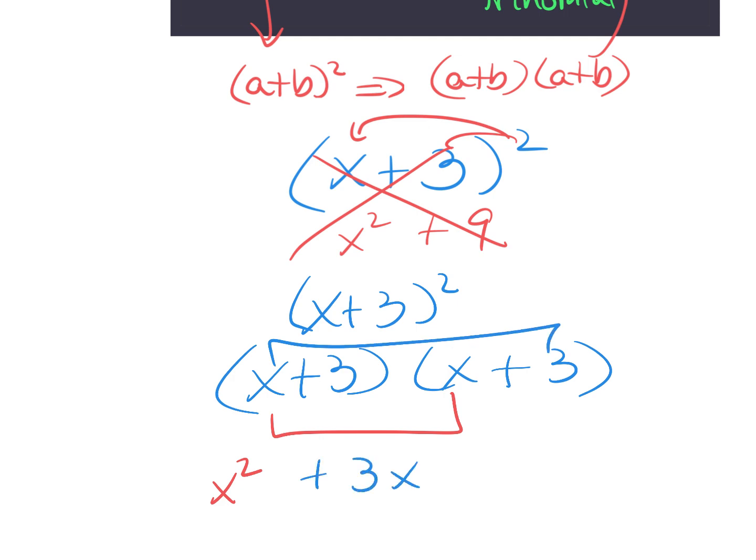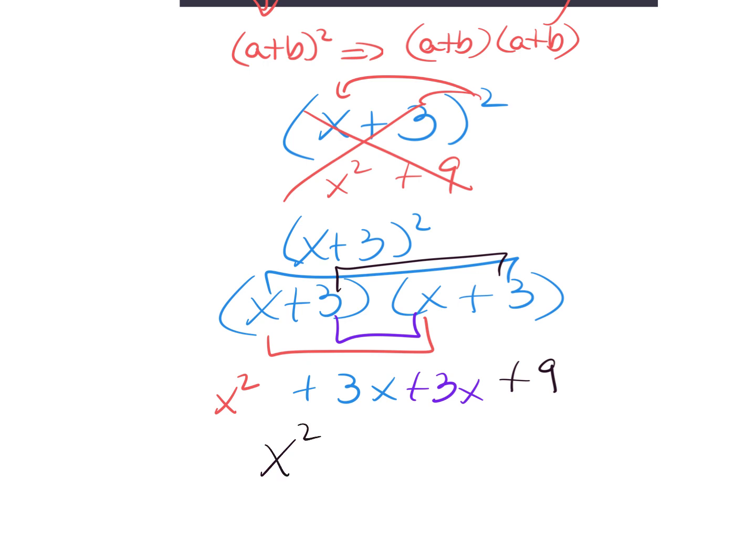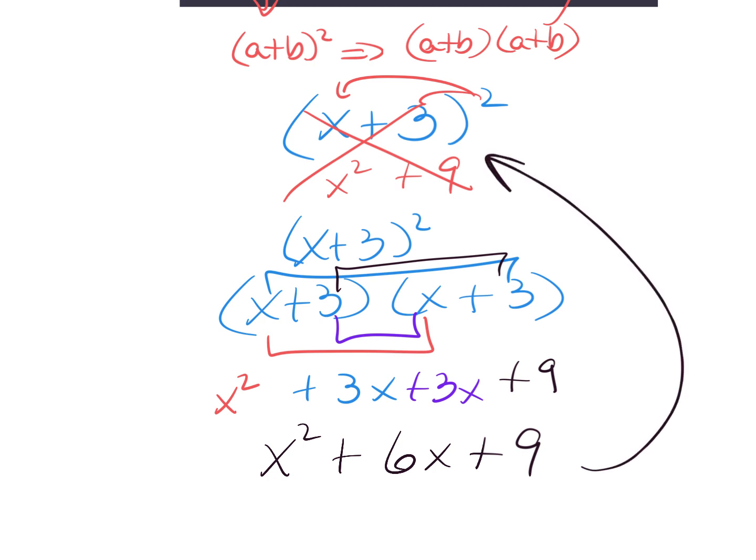Then the inside gives me 3x. And then finally last gives me 3 times 3 is 9. So then I end up with x squared plus 6x plus 9. By doing the wrong way, see how you miss out on the middle term, and that's why it's wrong.